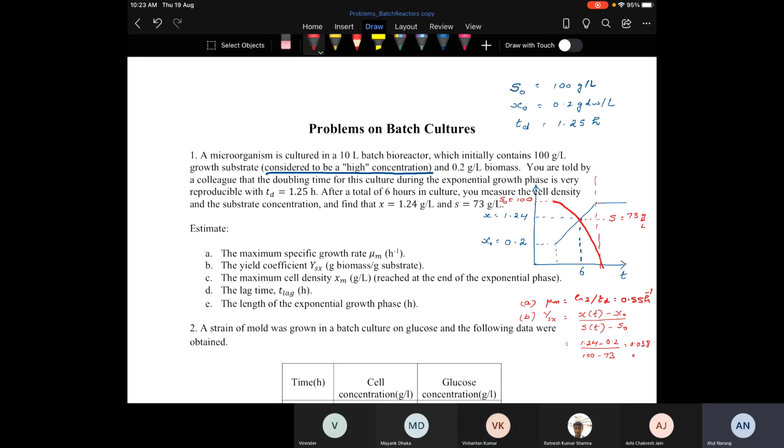So that's 0.038 grams dry weight per gram of the growth substrate.